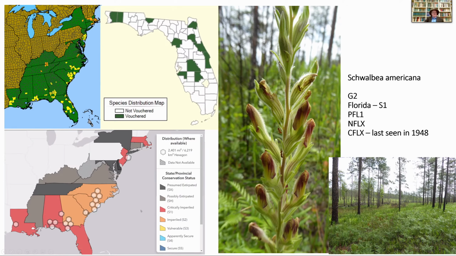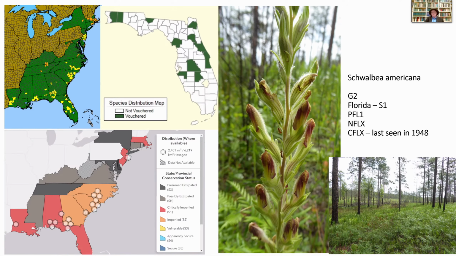And its NatureServe map indicates that it is S1 or S2 or historical or extirpated in every state that it's known to occur in. It went for a while without being seen in Florida, but it's been relocated in the Western Panhandle. So for Florida, this is a G2 species, range-wide.